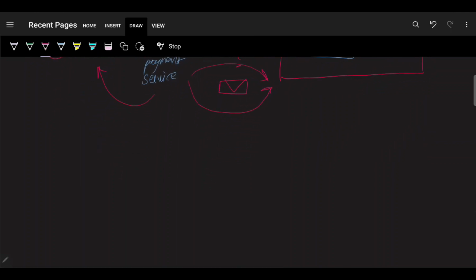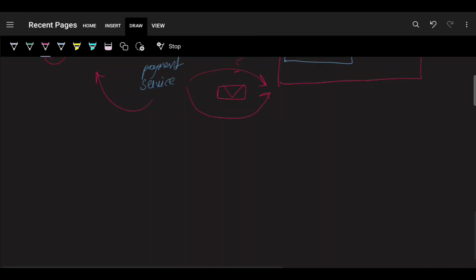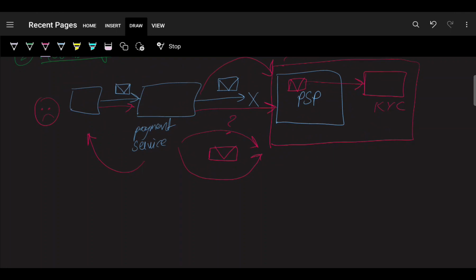Now, some of you might be saying, okay, we just immediately bombard the PSP with our data again. We just throw in the data again. Hey PSP, this is my data. Hey PSP, hey again, this is my data.